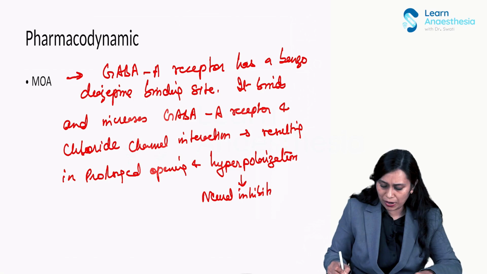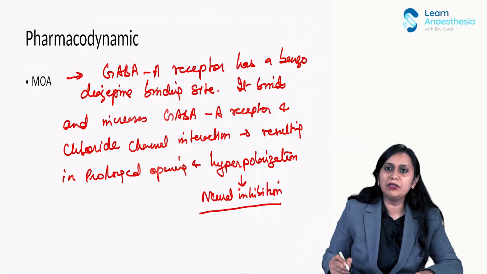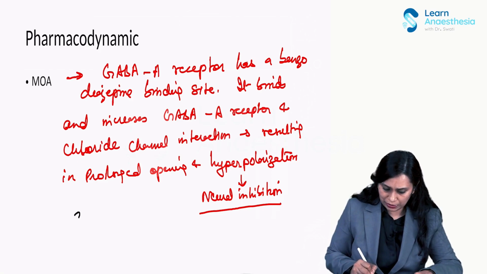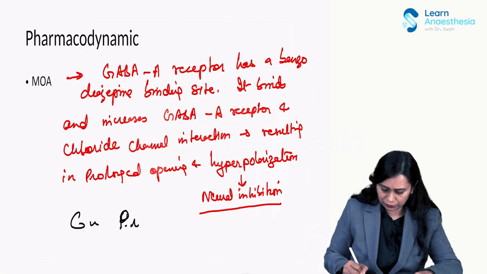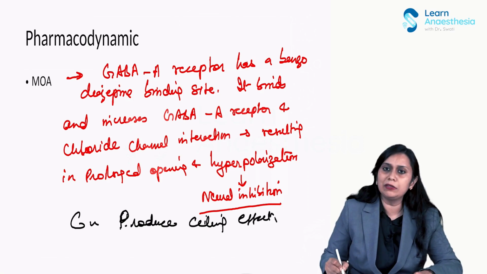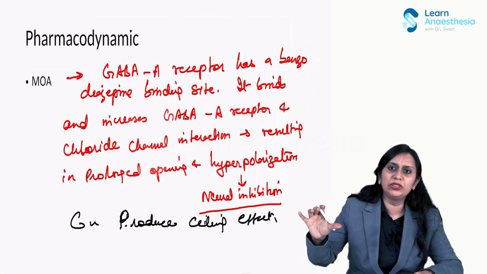Now, as compared to other drugs, benzodiazepines have a ceiling effect. So they can produce a ceiling effect. And their effect on the CNS is also dose dependent.